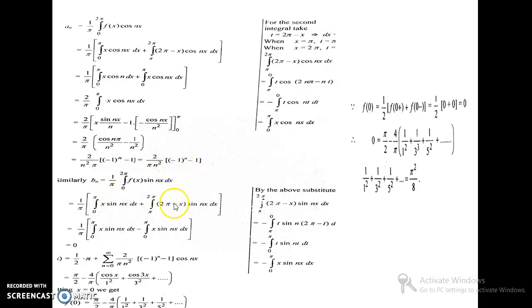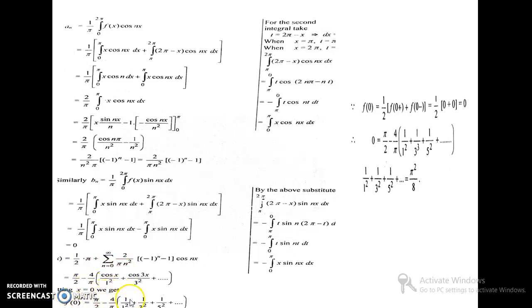Similarly, find the value of bn doing the same substitutions as in the above steps. Value of bn becomes 0. Substitute the values of Fourier coefficients in the Fourier series. This is the Fourier series of the function. For proving the second equation, substitute x is equal to 0.